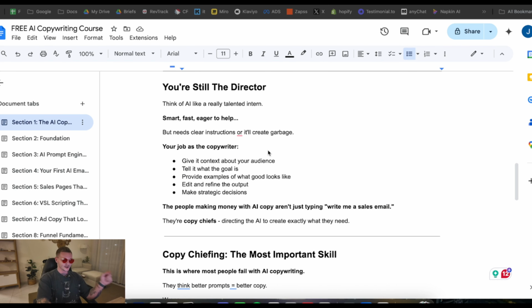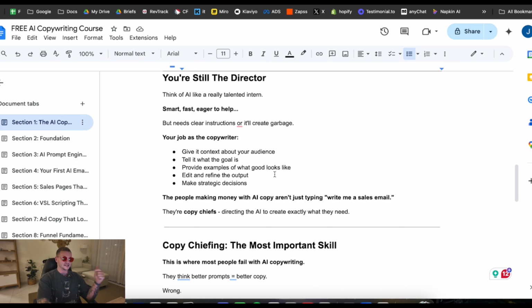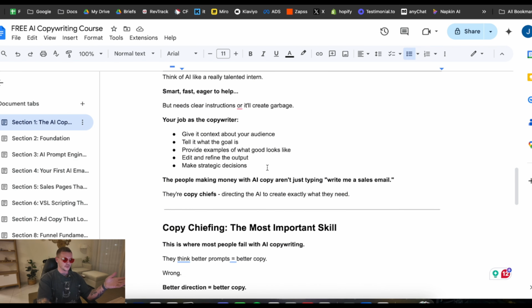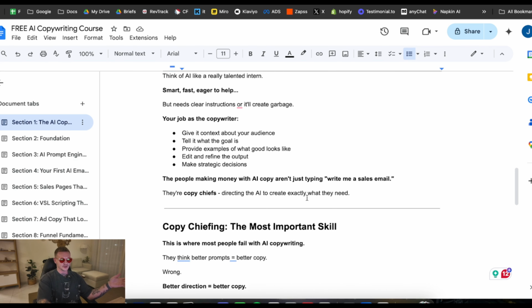So your job as the copywriter is to give it context about the audience, the offer, tell it what the goal is, provide examples of what a good output looks like, and then edit and refine the output as discussed. Make strategic decisions. So you need to actually tell it what to do, right? And that's where everybody gets this wrong, because people just come in, they're like, oh, write me a sales email.